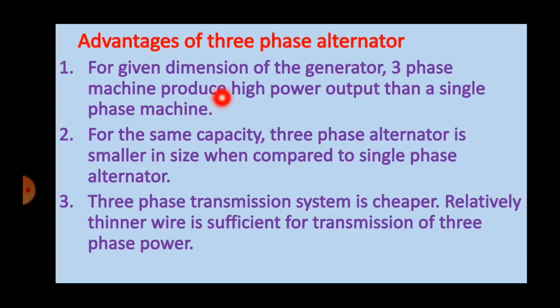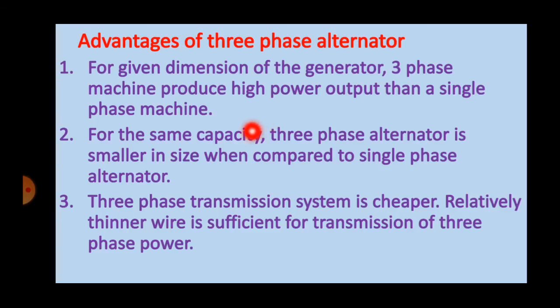First advantage of the three-phase alternator: for a given dimension of the generator, a three-phase machine produces higher power output than a single-phase machine. Three-phase produces a high current, that means alternating EMF, while single phase produces a very small amount of EMF.